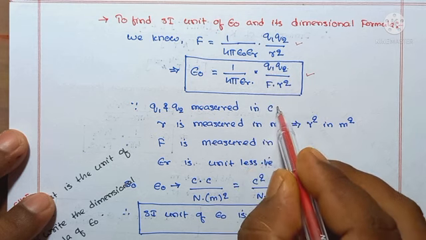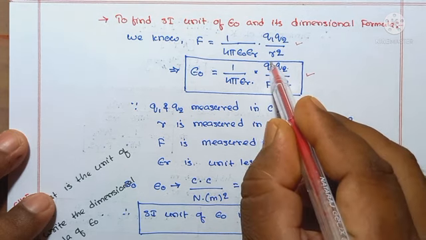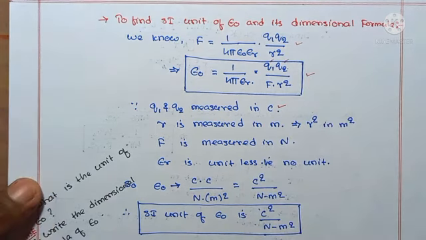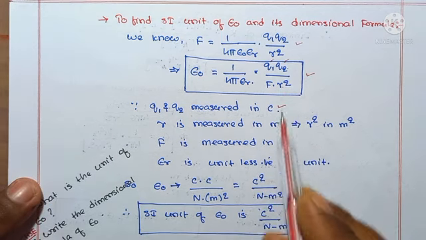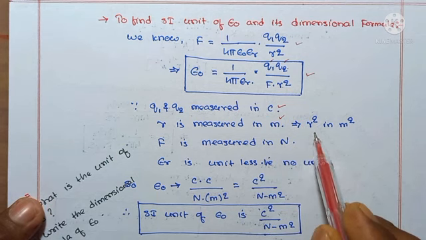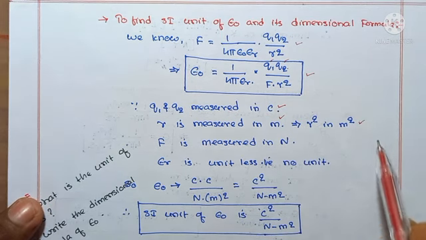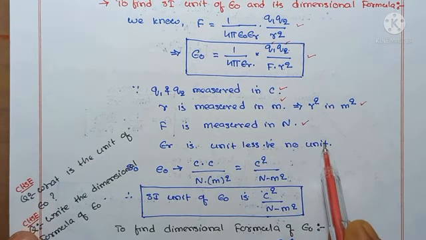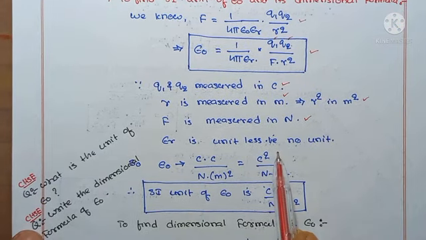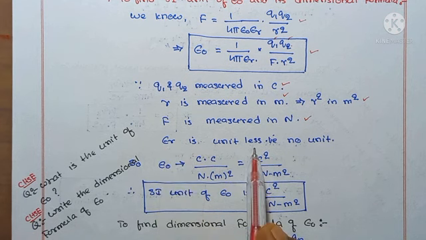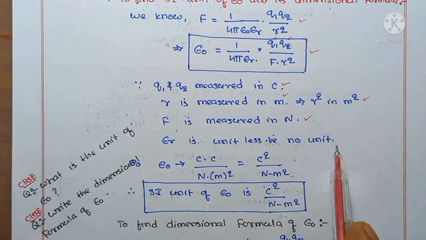So charge is measured in coulomb. So Q1 is measured in coulomb, Q2 is also measured in coulomb. Okay? R is the distance between the charges and the distance is measured in meter. So distance square is measured in meter square. Force is measured in Newton. Epsilon r is unitless, इसका यूनिट नहीं रहता है.